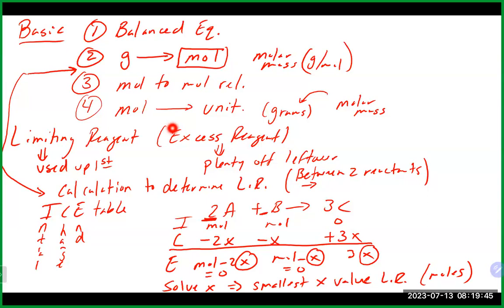We also finished up last night talking about yields. We have our percent yield, which is our actual divided by our theoretical times 100%. Our actual yield is what we get when we do the reaction. The theoretical yield is what you calculate based off the equation and your starting amount.